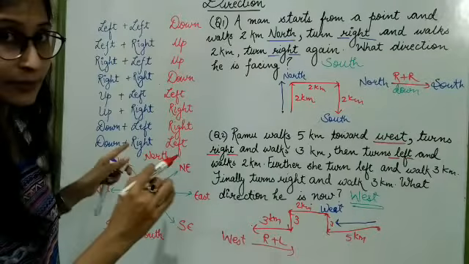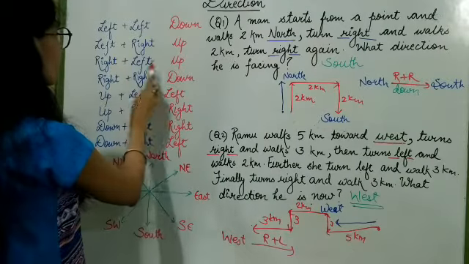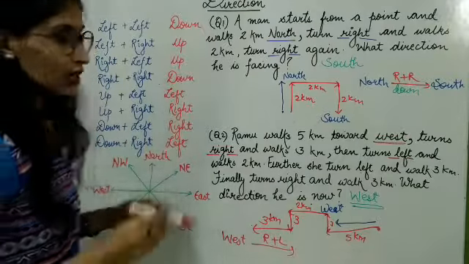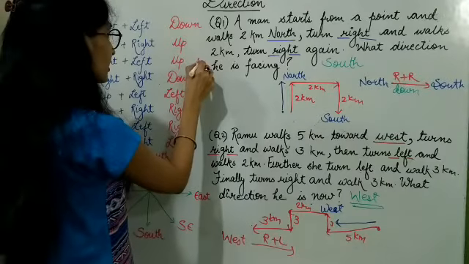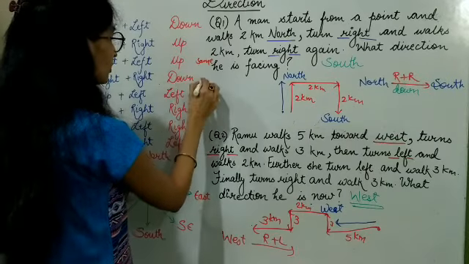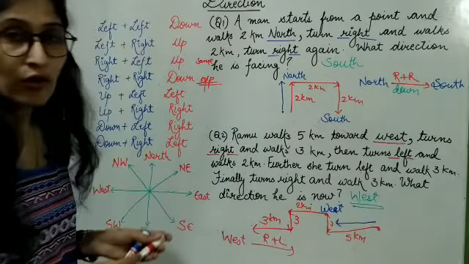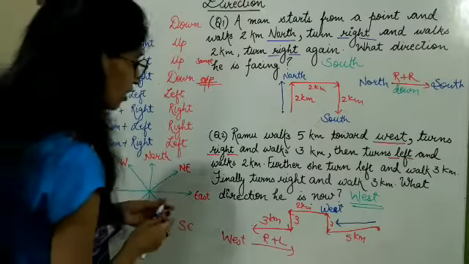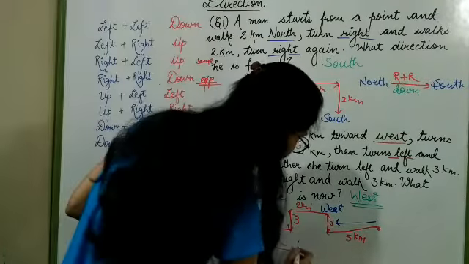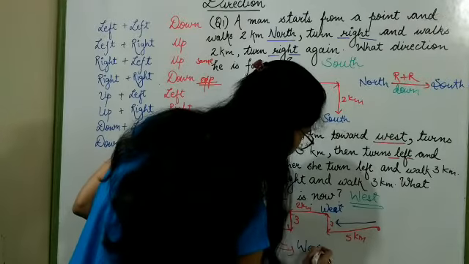Okay, look in the table now. Right plus left means up. Up means same direction and down means opposite direction. So the result of west, R plus L, will be west again.